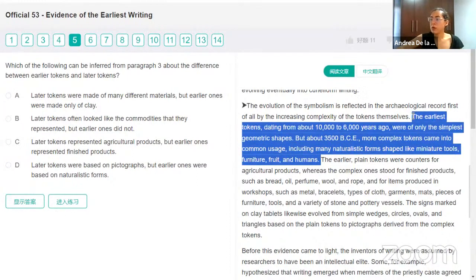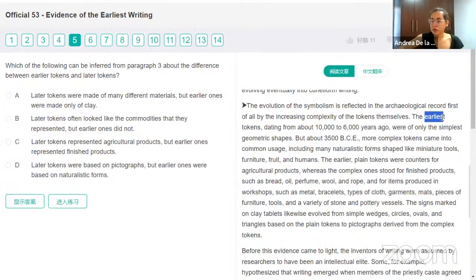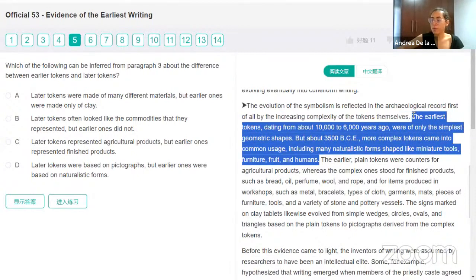So the first thing that we know is that the earlier tokens only contained simple geometric shapes, but the later ones were represented in different forms, right? Like they were shaped like tools, furniture, fruit, and humans. That's the first thing we know.